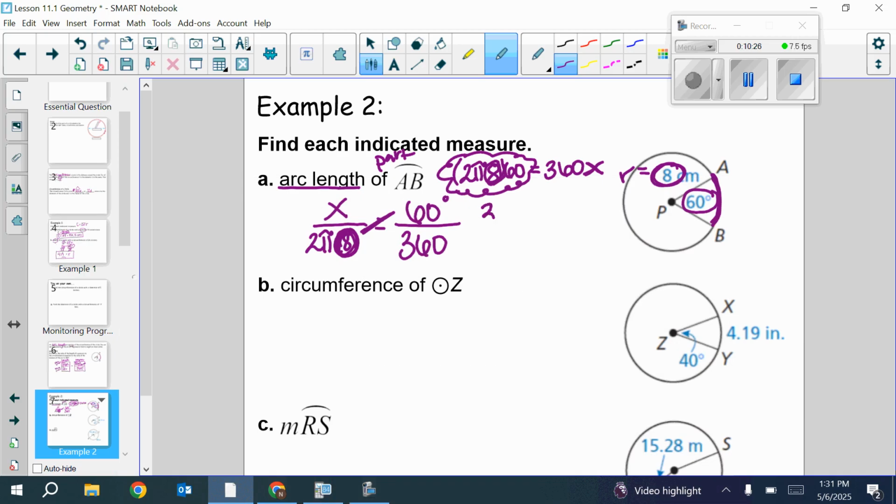So we have 301.593 equals 360x. Okay. So go ahead and divide by 360 degrees.